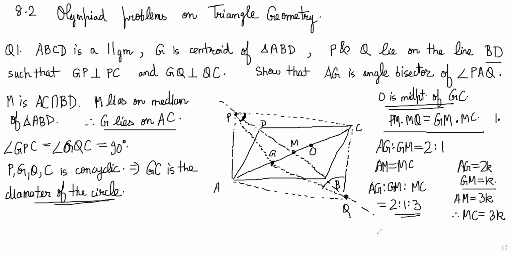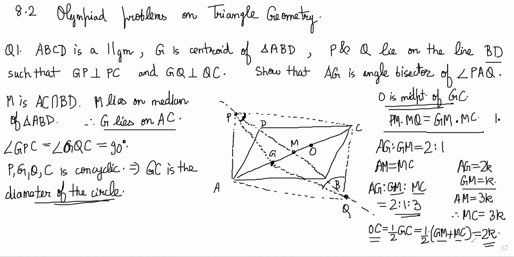And now OC is equal to half of GC, and GC would be GM plus MC. GM was K and MC was 3K, so GM plus MC is 4K. Half of 4K will be 2K, so OC is equal to 2K.